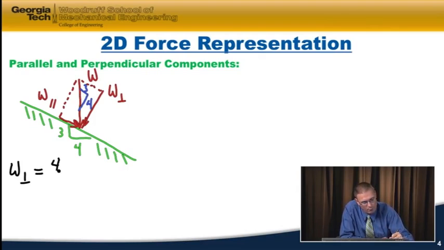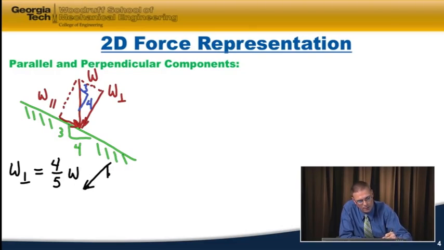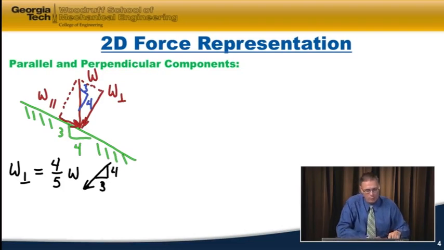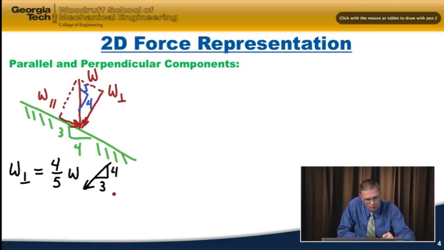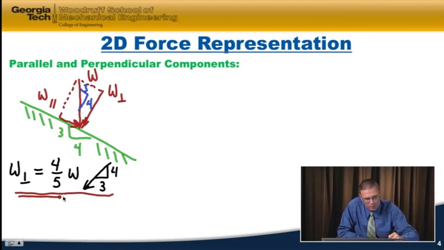So that would be 4/5 of W, and it's acting down and to the left, and it will be on a 4 on 3 slope, again by geometry. So that's our one component in the perpendicular direction.